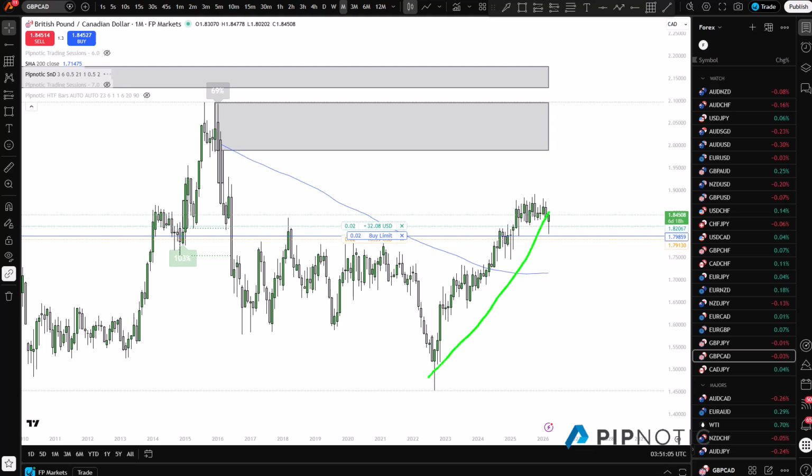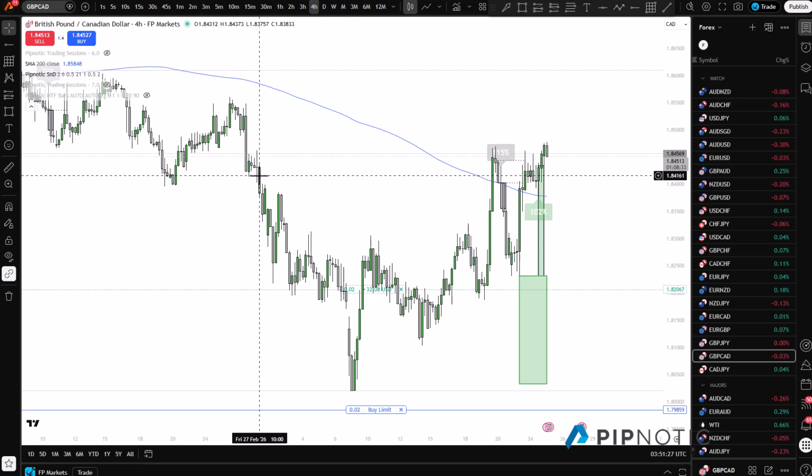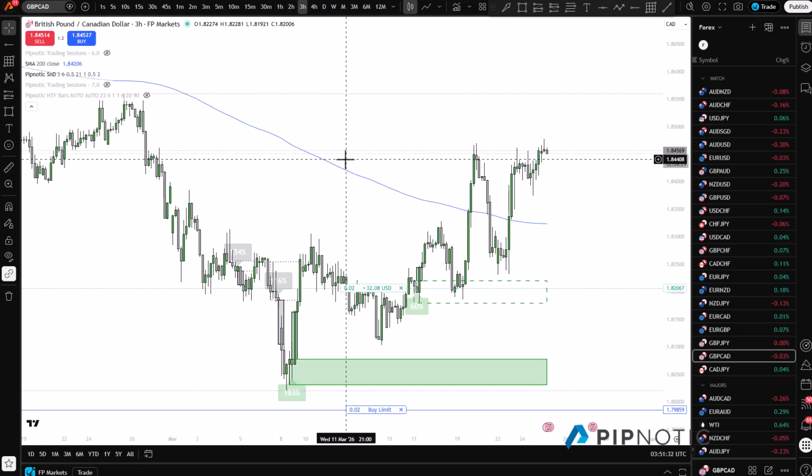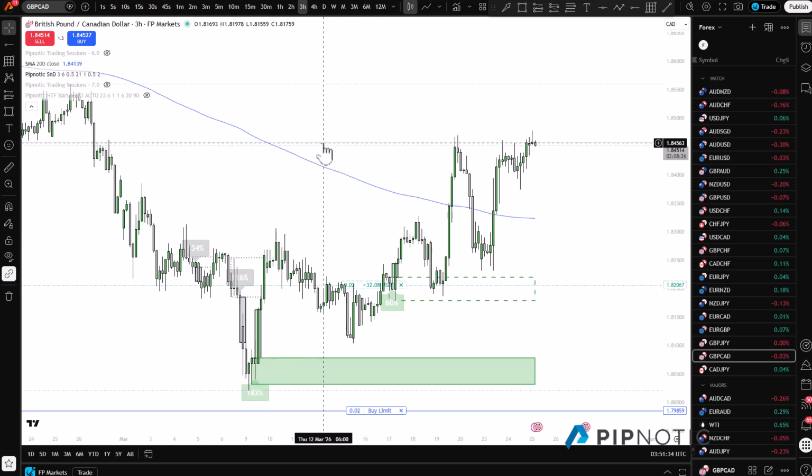And the reason it's going higher is because of the underlying fundamental data behind this currency pair affecting both the British pound and the Canadian dollar. We're seeing flows move into the British pound and out of the Canadian dollar. Okay, so this is really interesting, and it's super important to know these things because this is going to essentially affect how we trade and why.